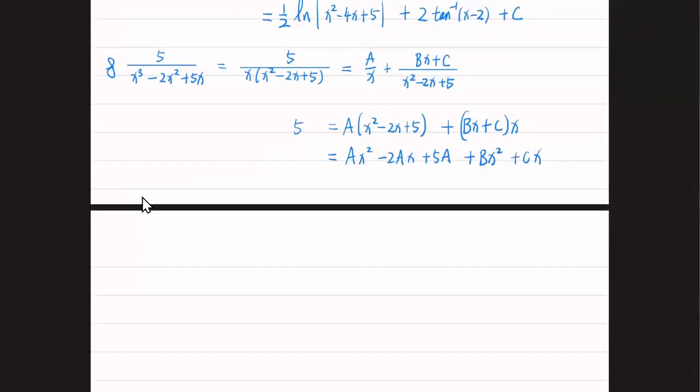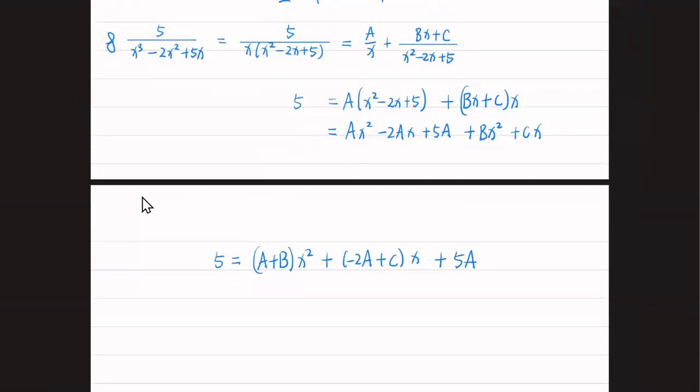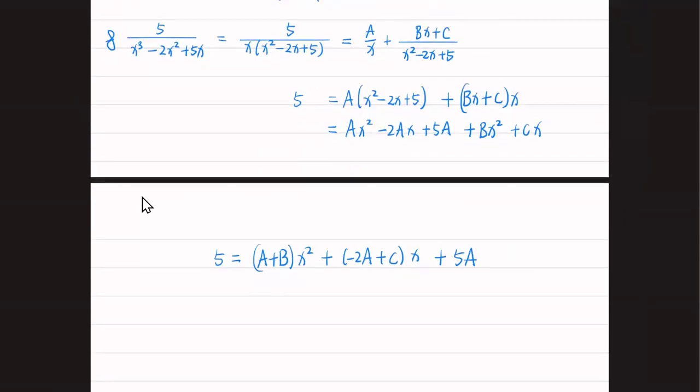So we have the equation 5 equals a plus b. Okay, let's compare the coefficients.